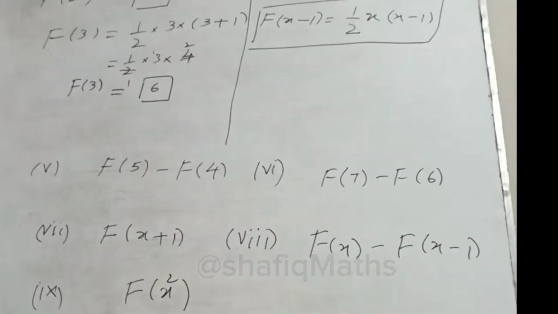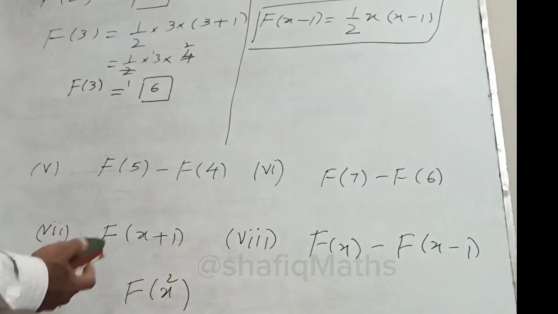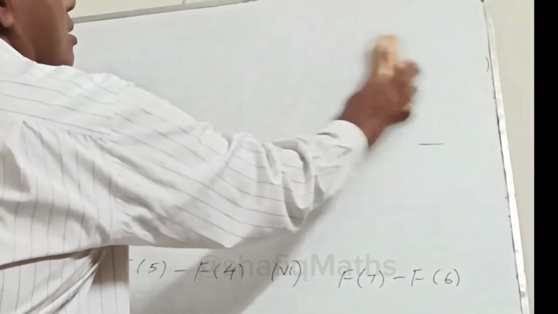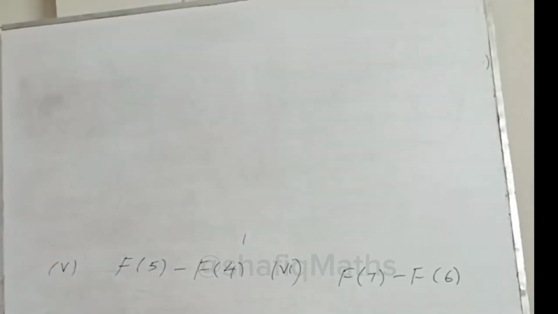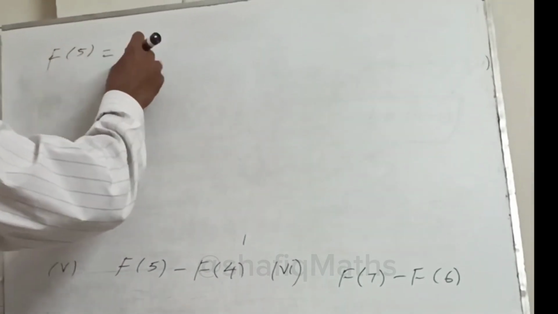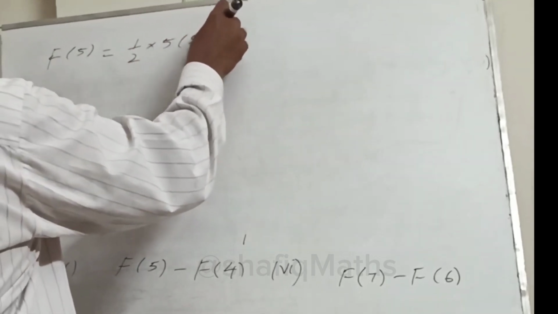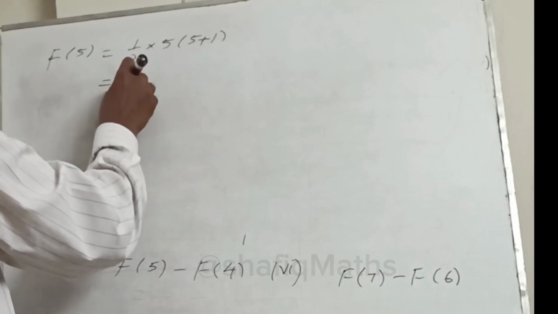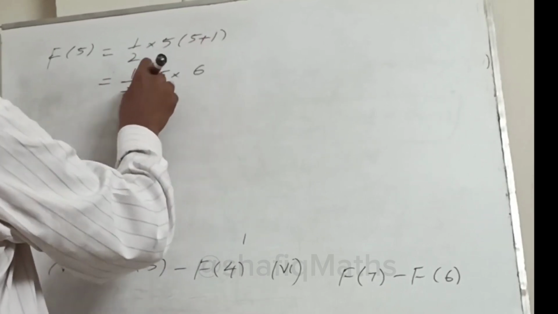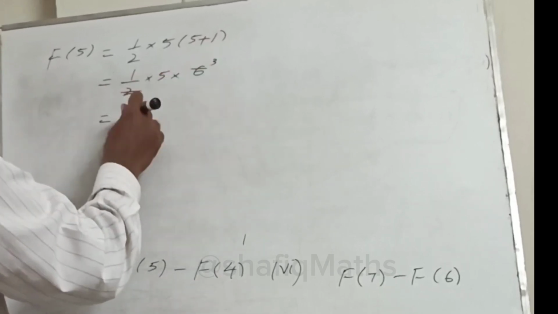Now coming to the fifth part of the question, that is f(5) minus f(4). Now we are substituting the value of 5 in place of x, 1 upon 2 into 5 plus 1. So this is 1 upon 2 into 5 into 6. 6 divided by 2 is 3, 3 fives are 15.